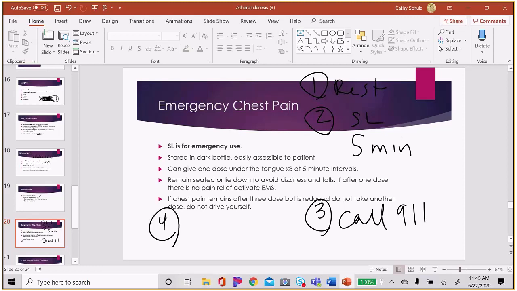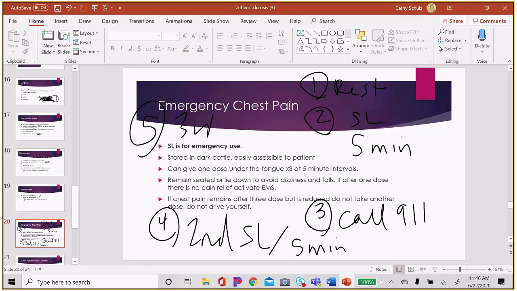And then they're going to take their second sublingual nitroglycerin and wait another 5 minutes, and then they can take their third sublingual nitroglycerin if the pain is still present. After that, even if EMS has not arrived, because it is really dependent on what location you're in, how fast those services are, you cannot take a fourth one, because at this point we don't know what the patient's blood pressure is, and we could end up causing them to have a syncopal event or some other problem when they're by themselves.